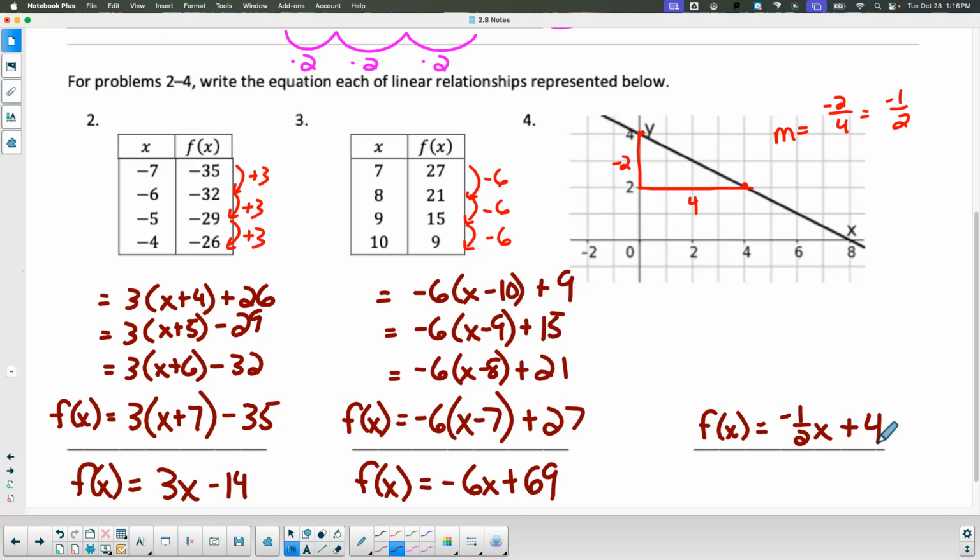And it goes to the y-intercept of positive. Questions, comments, concerns, clarifications? Could have also made a table out of that last one too if you wanted to, okay? And then work our way back from those.